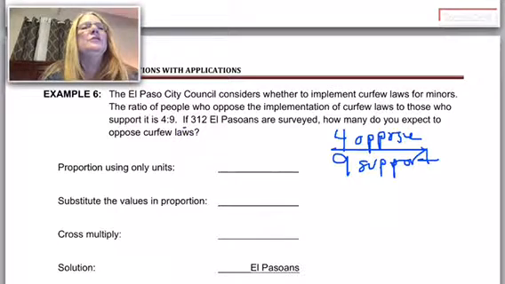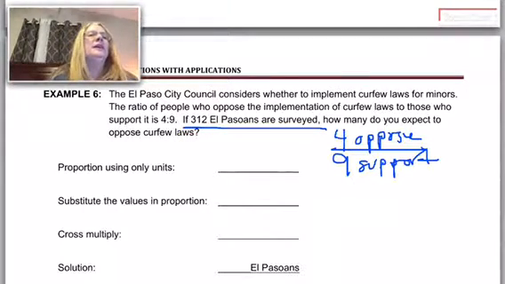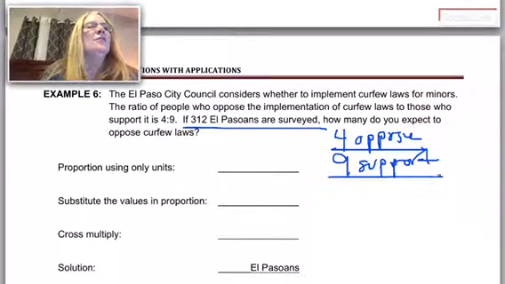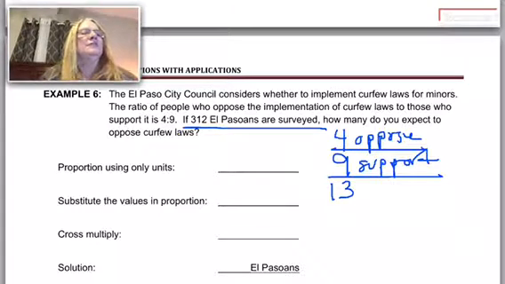But if 312 El Pasoans are surveyed, how many do you expect to oppose? So we have to think about this. This is a little bit different because that 312 number doesn't actually relate to the oppose or support. That is like a total number of people that are surveyed. So sometimes for your proportion, you might need a total. So what you can do is 4 oppose to 9 support, and so the total of that is 13.